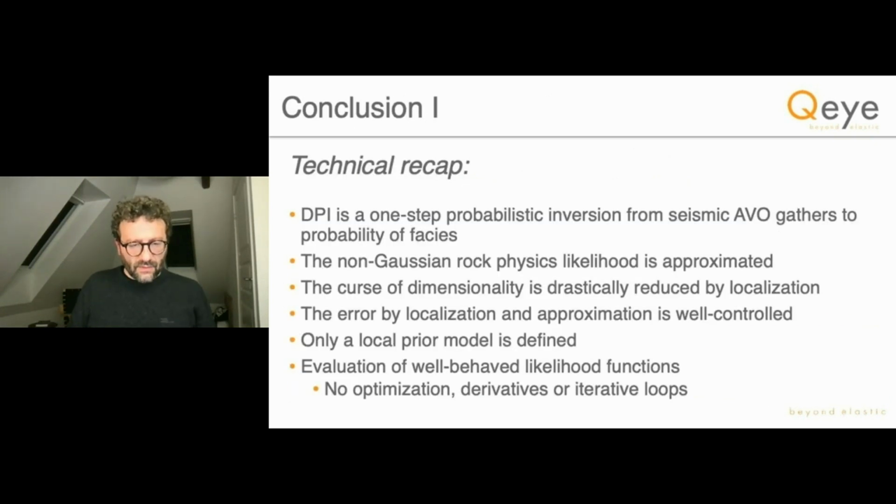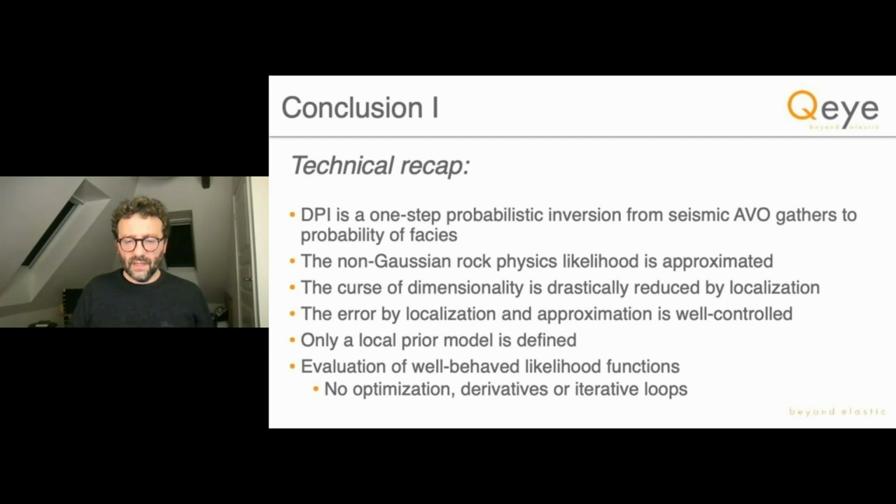So the technical short recap is that we've seen that we can go from gathers to probabilities in one step that takes all the spatial information into account from the different domains. We've seen how we approximate the rock physics likelihood and reduce the problem to a manageable size, and how these approximations work.